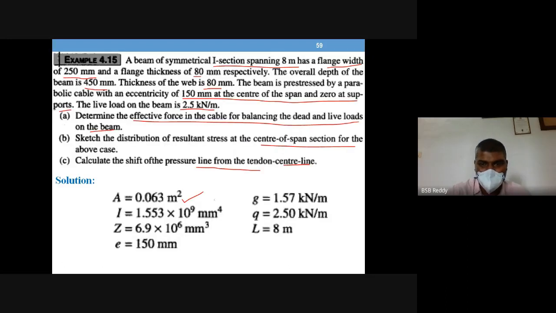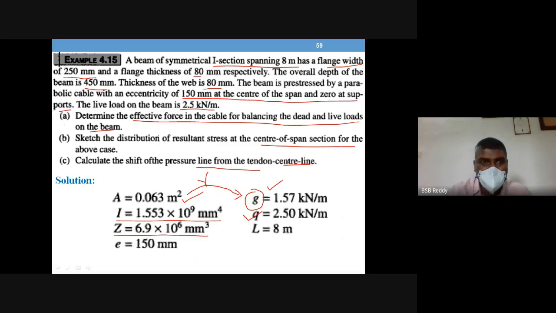Just estimate cross-sectional area, and dead load by this cross-sectional area multiplied by the gamma value will give you the dead load value, and I value shall be evaluated, and I by y, because of symmetry it is only zt and zb will be same.